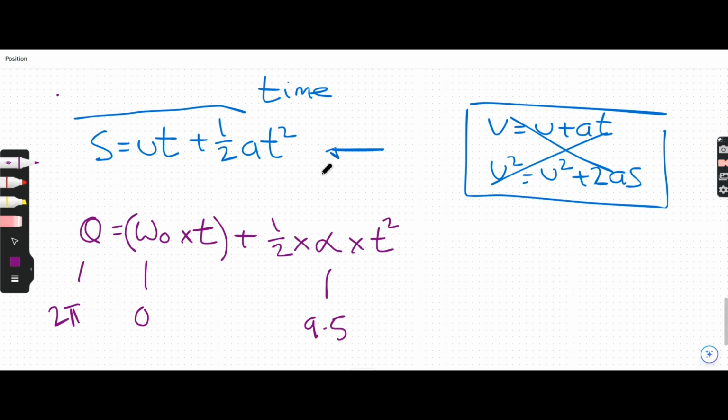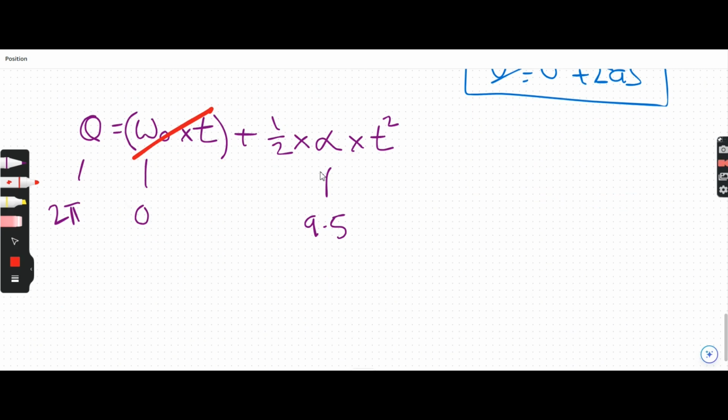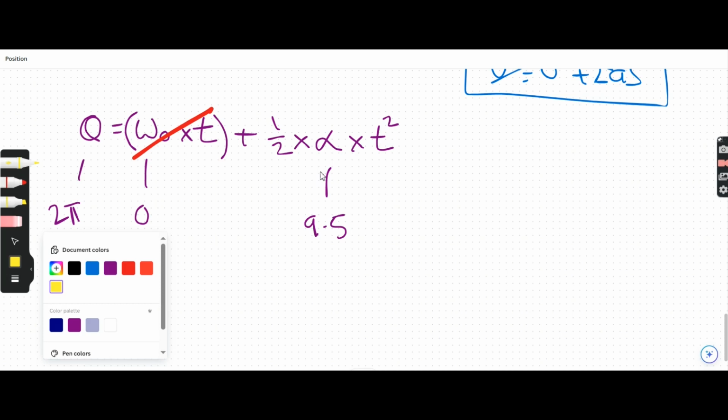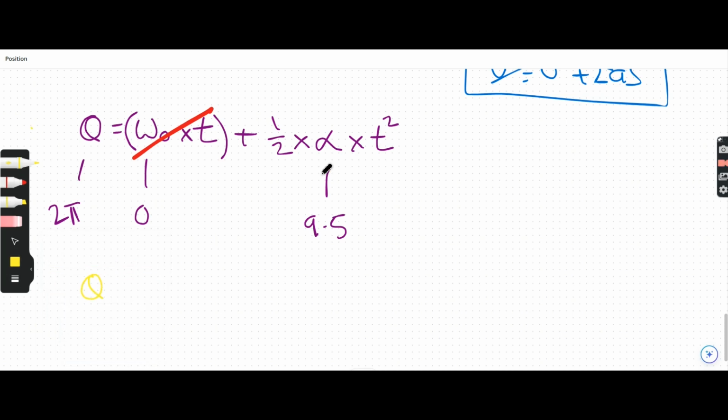So we can use this formula to find t. Luckily, because this is naught, naught times t is naught, so we're going to get rid of that. Makes it a bit easier. So we've got angular distance, which equals a half times acceleration times t squared.